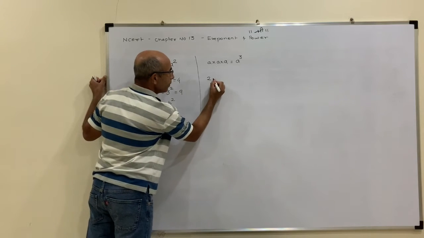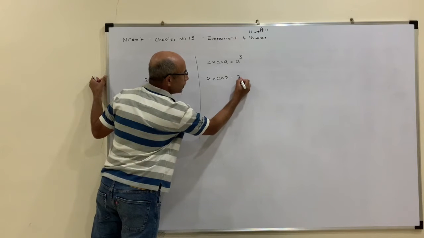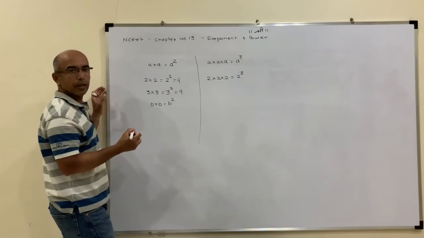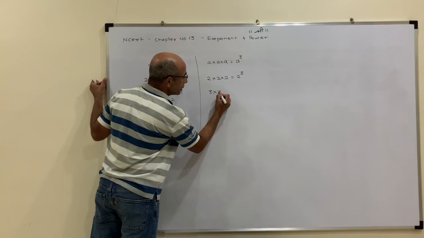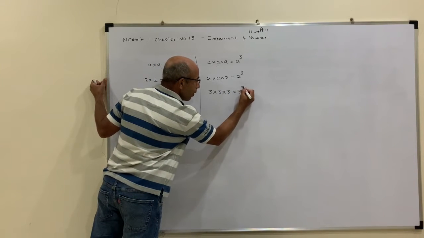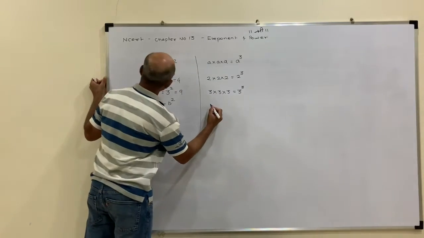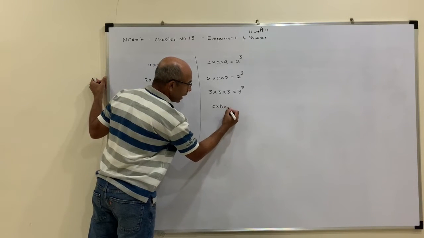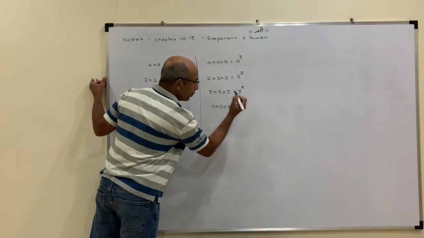When 2 is multiplied 3 times, it becomes 2 raised to the power 3, or you can say 2 cube. When 3 is multiplied by itself 3 times, it becomes 3 raised to the power 3, or 3 cube. In similar fashion, when b is multiplied by itself 3 times, it becomes b cube.